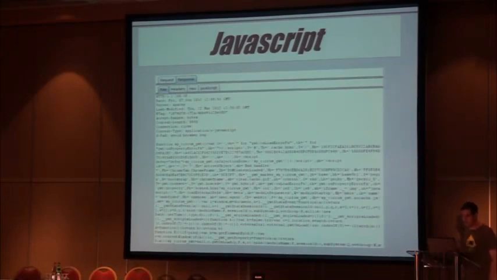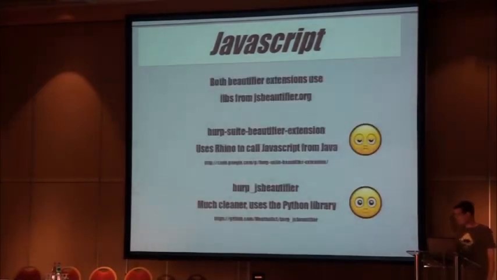We have more and more JavaScript. Everybody tries to obfuscate their JavaScript code just to make the job of looking for DOM XSS harder, I think. So this is unreadable. We have two extensions dealing with JavaScript. Both of them are using code from the well-known beautifier.org.